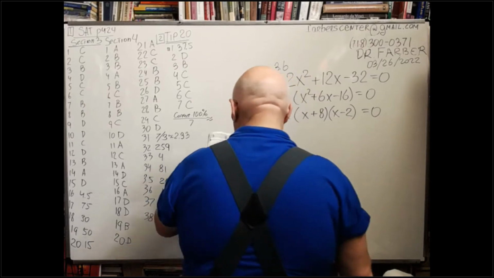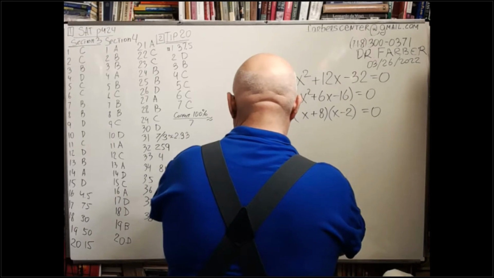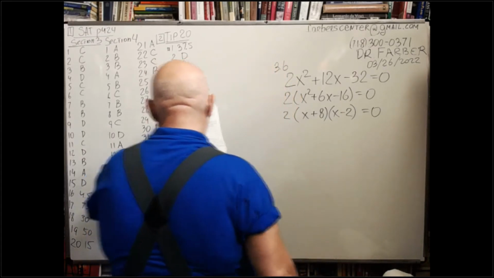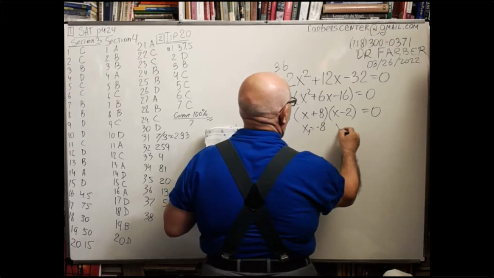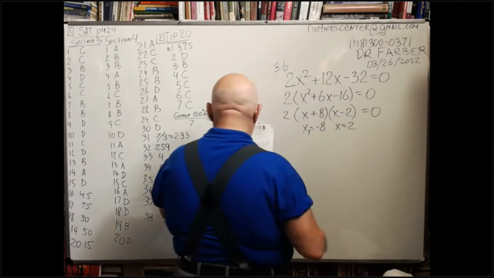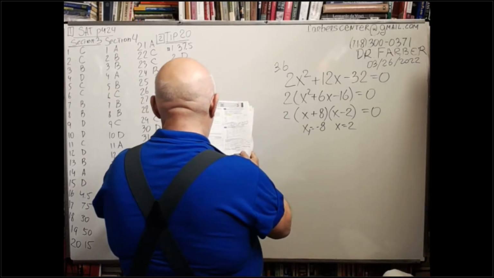And look at the multiple choice, what we have. If you have x1 equals negative 8 and x equals 2, if you look at this, it is C.